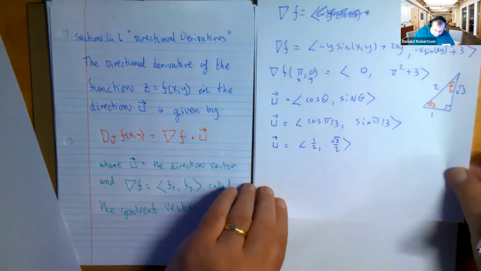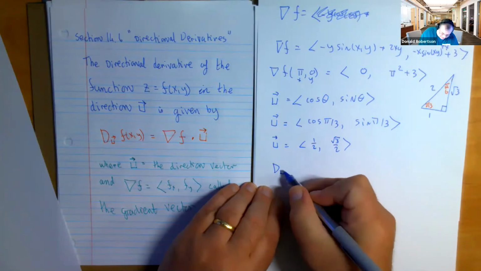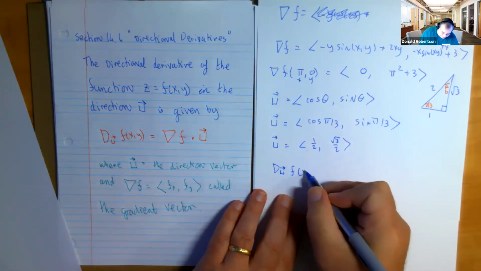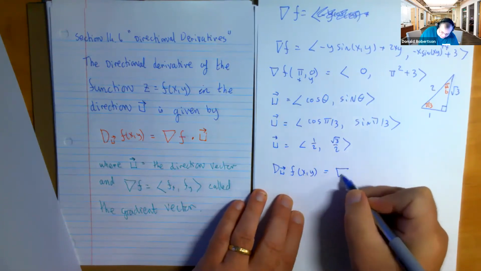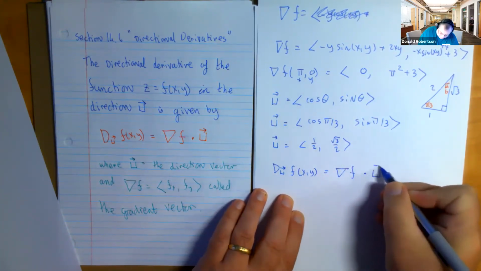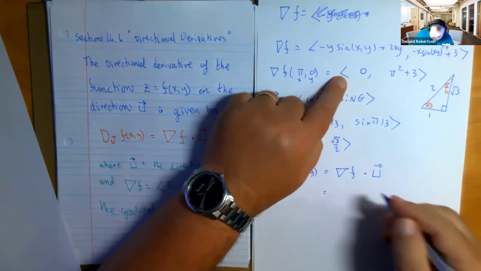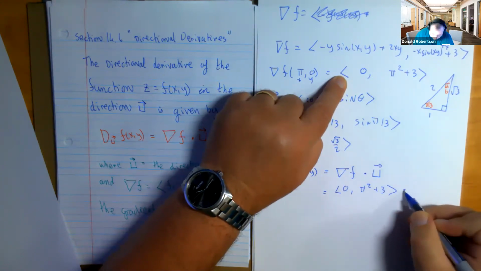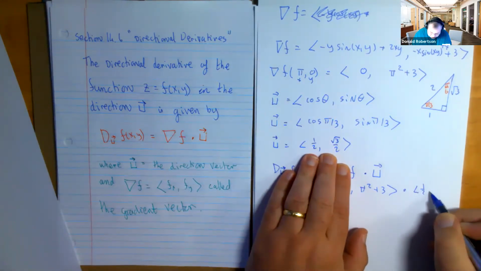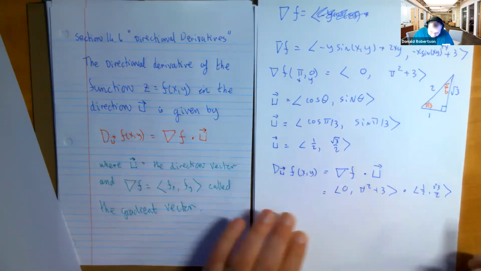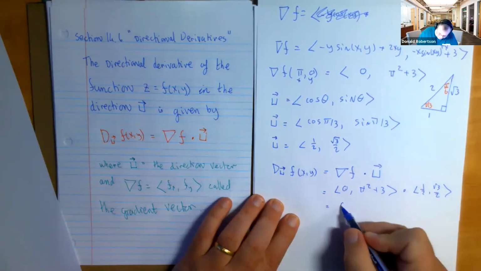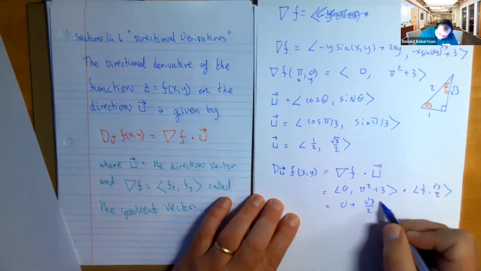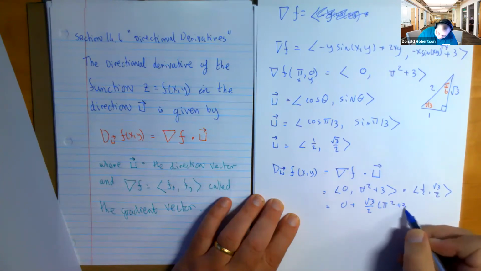Now, we're going to put this picture together. The directional derivative of this function at (x, y) is going to be the gradient of f dot u. In this case, it's going to be this vector, dot product with this vector. And those two get you nothing, and this times this essentially gets you root 3 over 2 times (pi squared plus 3).